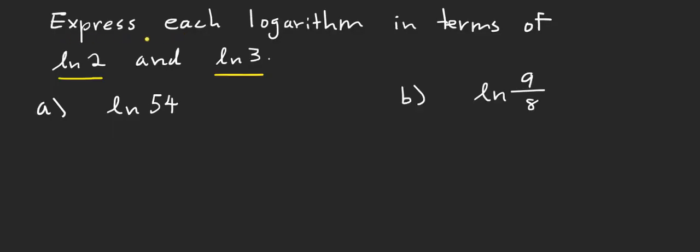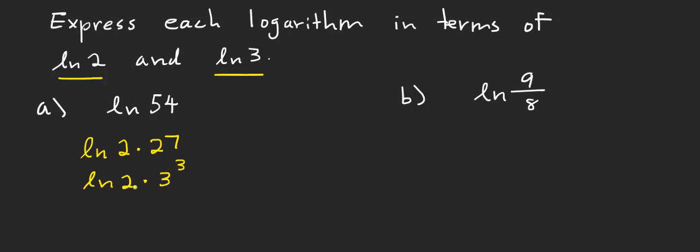It says express each logarithm in terms of natural log of 2 and natural log of 3. So basically we need to rewrite natural log of 54 in terms of natural log of 2 and natural log of 3. So let's break down 54. You're going to get natural log of 2 times 27. And 27 is 3 times 3 times 3, which is 3 to the third power.